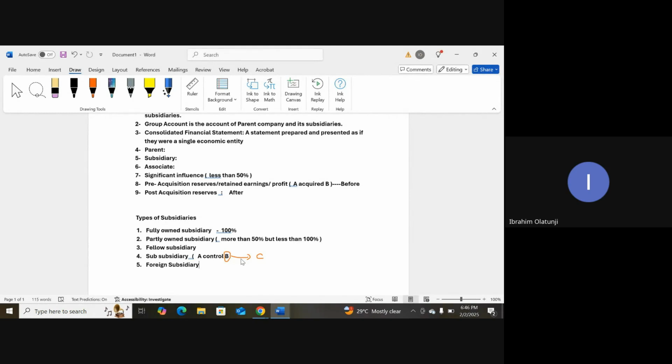Then this is what you need to know before we can now think of how the question will look like. We need to understand the control, that if there's a control, then we need to know which one is the parent and which one is the what? Subsidiary. Should I move on?